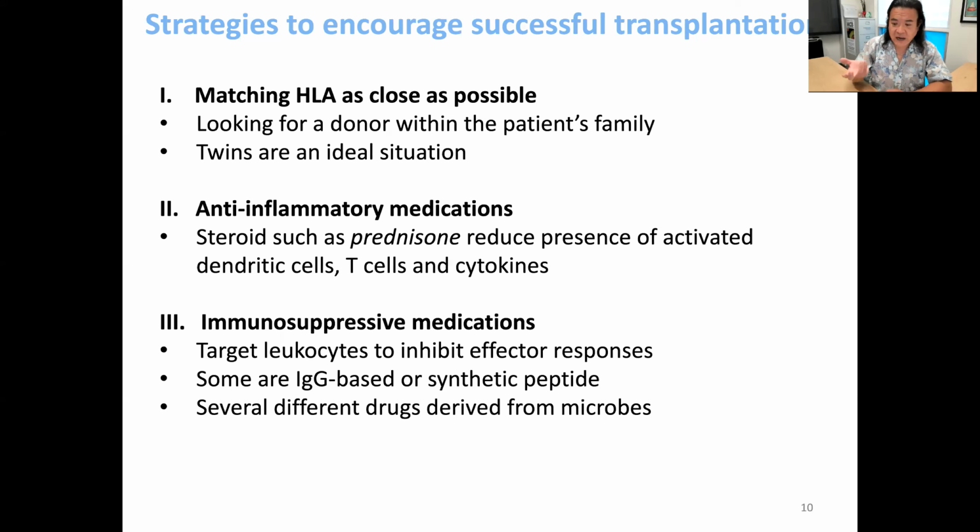But there are also good practical reasons too, right? Because the HLA type, genetically, they're very closely related. So the HLA types are not going to be very different from each other. So identical twins, for example, are an ideal situation for donating tissues because they have the exact same HLA type.